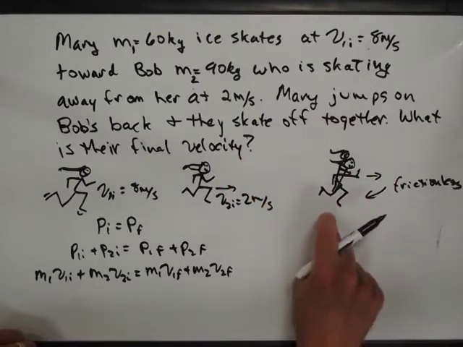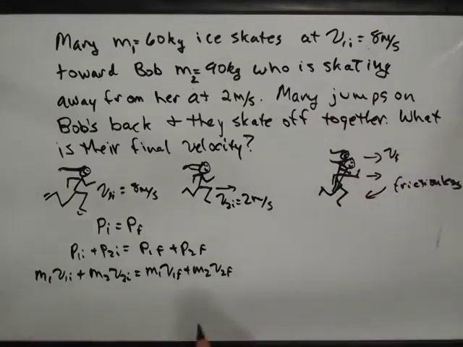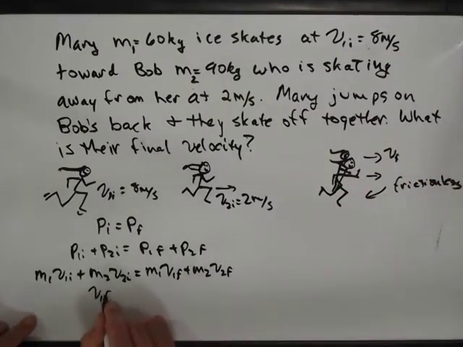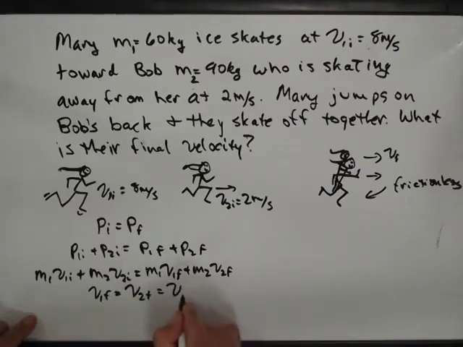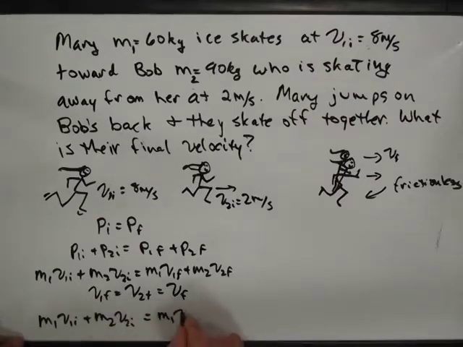Well, they skate off together, so V1 final is equal to V2 final because they're stuck together, and I can just call that V final. So this equation becomes M1 V1 initial plus M2 V2 initial is equal to M1 V final plus M2 V final.